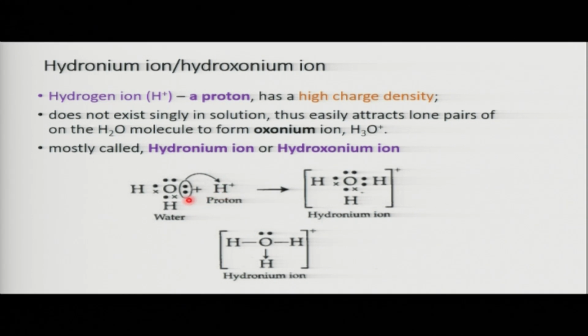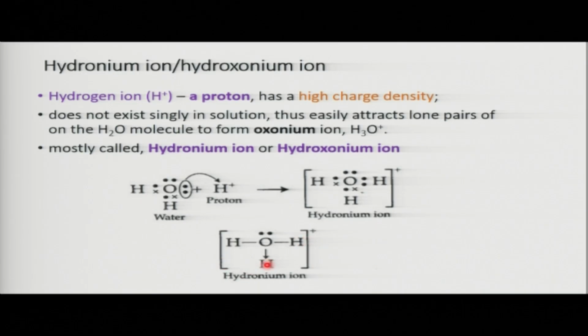As it attracts the lone pairs of electrons on oxygen in water, it forms this compound, which we call the hydronium ion. Oxygen has donated the lone pair to hydrogen, and so the positive charge which was residing on hydrogen is now residing on oxygen, which is the central atom, and it is bigger in size. So this becomes a stable molecule in water.